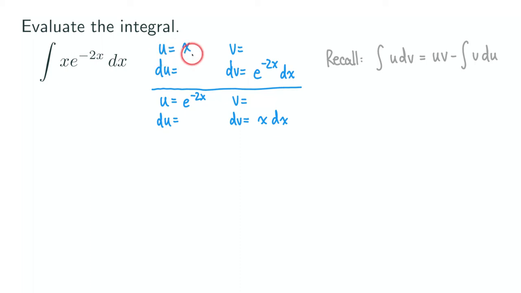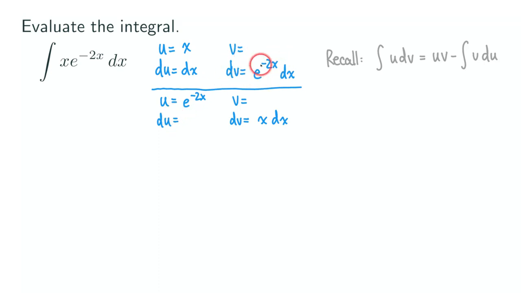So when you differentiate the x, you're going to get 1, right? So you're going to get 1 times dx, so 1 dx. And usually if you're just getting a 1, you don't even need to write it. So we can simply put a dx here. What about the v? The v would be the antiderivative of e to the negative 2x.